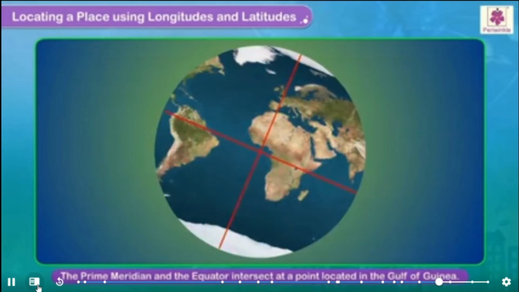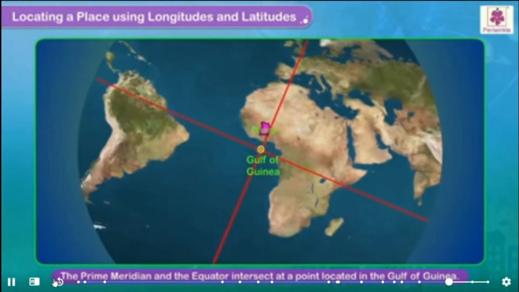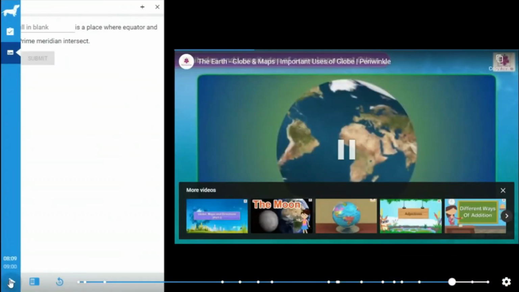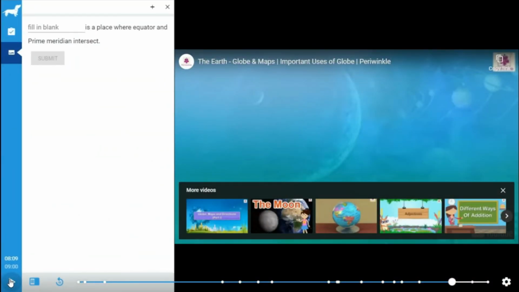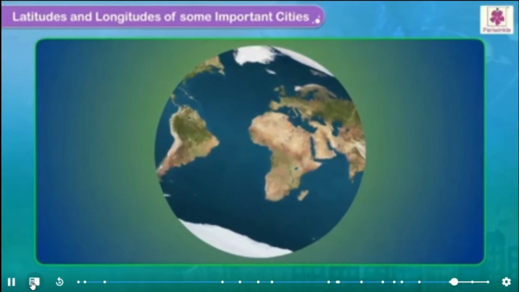The prime meridian and the equator intersect at a point located in the Gulf of Guinea, 180 miles south of Ghana in the Atlantic Ocean. Latitudes and longitudes of some important cities.